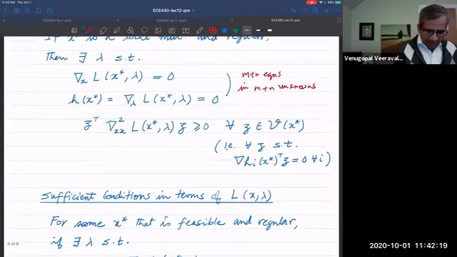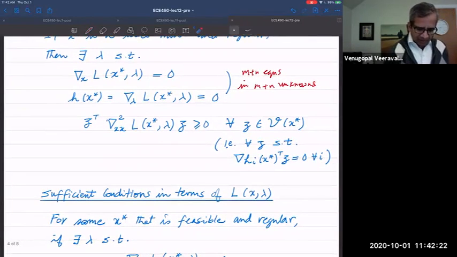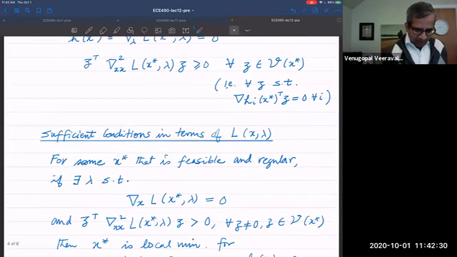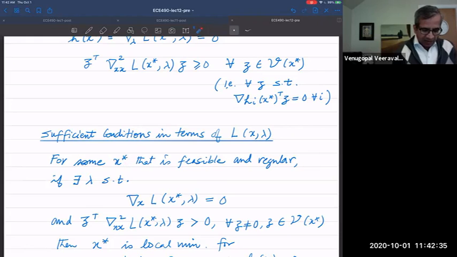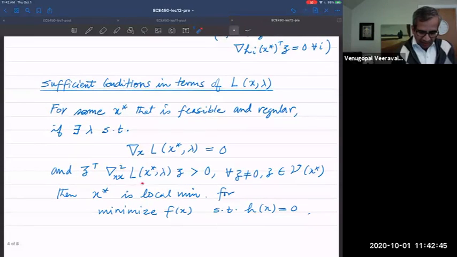Okay, and then the second order necessary condition is given here. And similarly, for the sufficient conditions: if x star is feasible and regular, and there exists a lambda such that the gradient of L is 0 and this condition holds, that means this product is positive for all z not equal to 0.